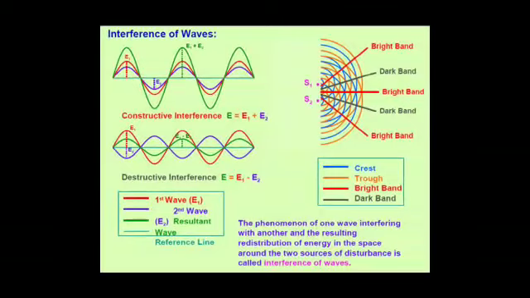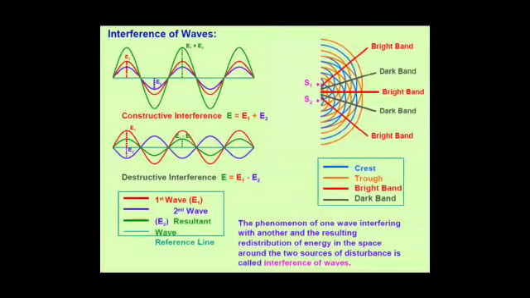In the neighboring diagram, the interference condition is shown with the two coherent sources S1 and S2. When waves from such point sources superimpose, we see from the diagram that some points show constructive superimposition or maxima, shown by the red lines, and some points show destructive superimposition or minima, shown by the black lines.